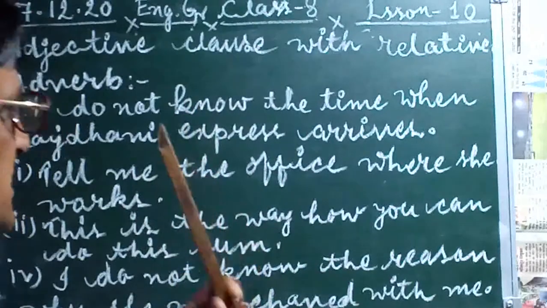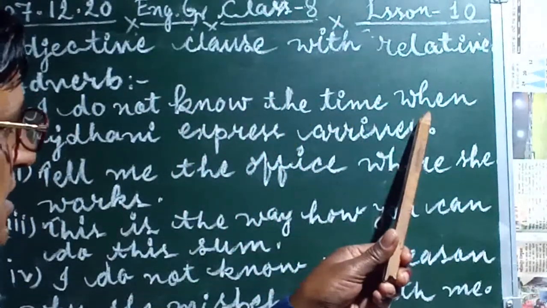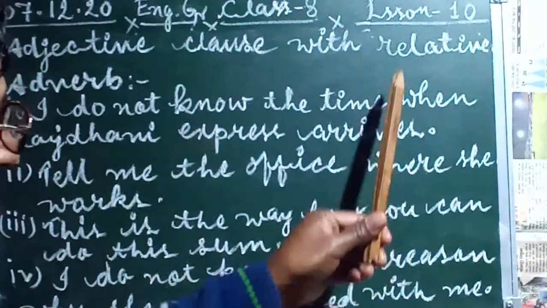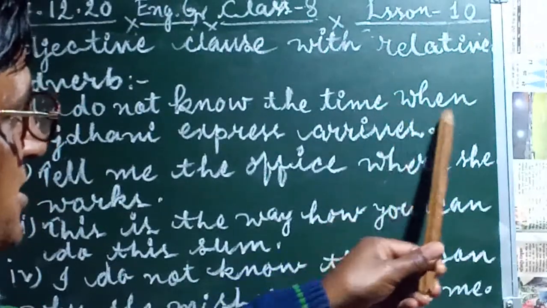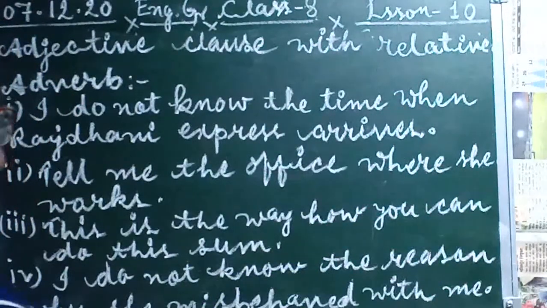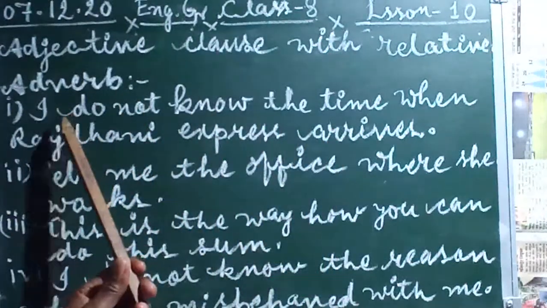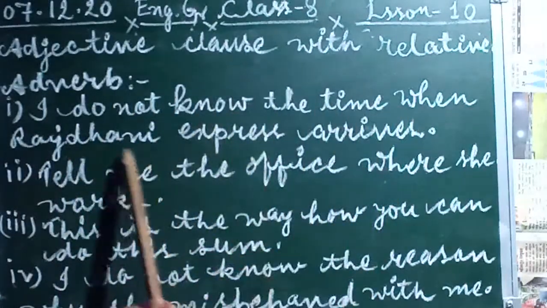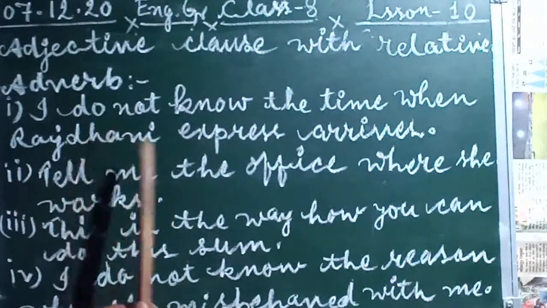These two sentences are combined, joined by a relative adverb. The word when is telling the time when the Rajdhani Express arrives. So this sentence is joined with the relative adverb and makes a meaningful sentence.